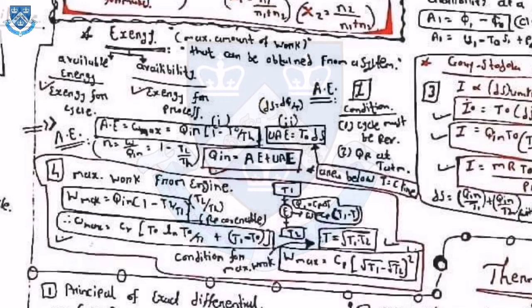Here available energy is equal to W max, which is Q in into 1 minus T naught upon TH, and Q in is equal to AE plus UE, means available plus unavailable energy.